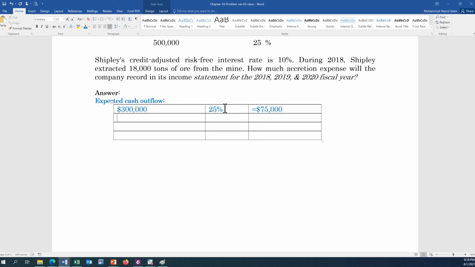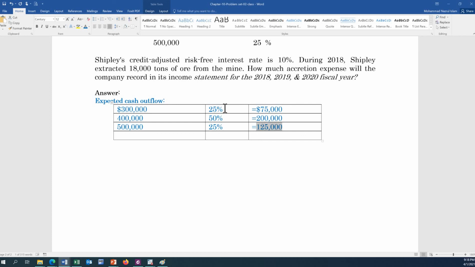Then 400,000, the probability is 50%, so it's going to be equal to 200,000. And finally 500,000, the probability is 25%, which is equal to 125,000.